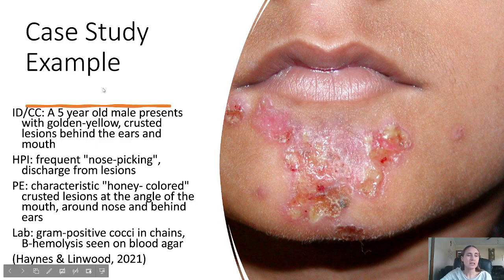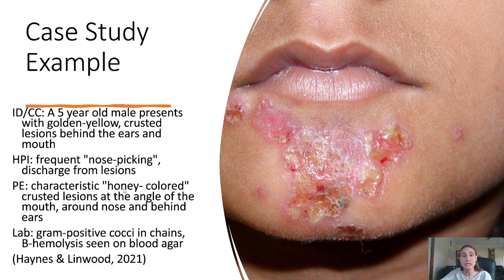I want to start coming to the end here, and before I do, here's a case study example. I found this online from Haynes and Linwood, and they had this 5-year-old male. He presented with golden yellow crusted lesions behind the ears and mouth. He had frequent nose picking and discharge from the lesions.